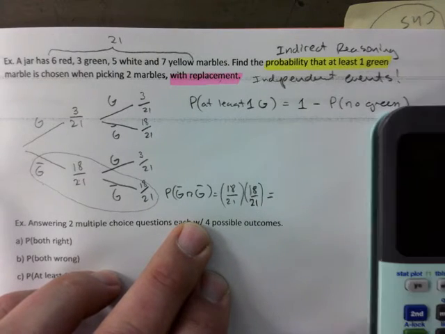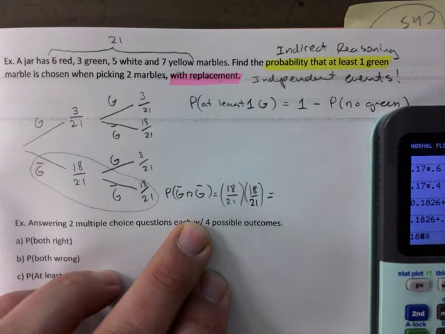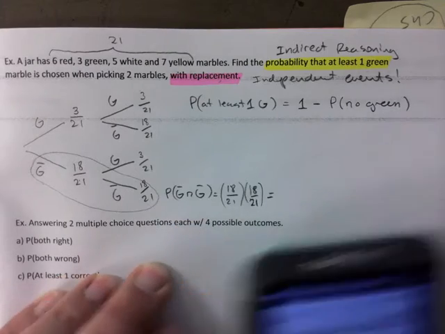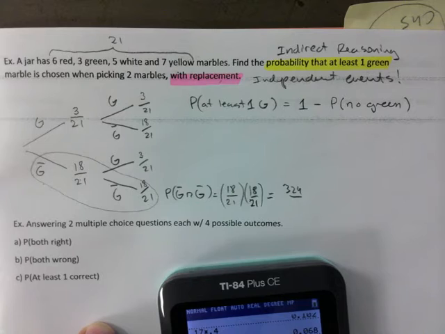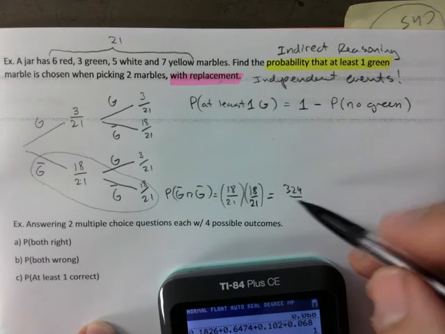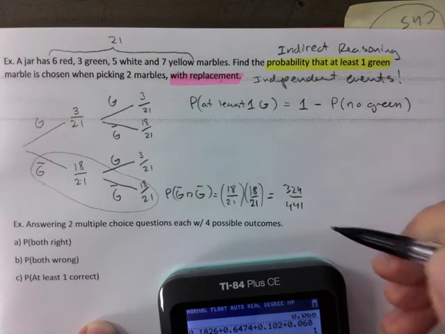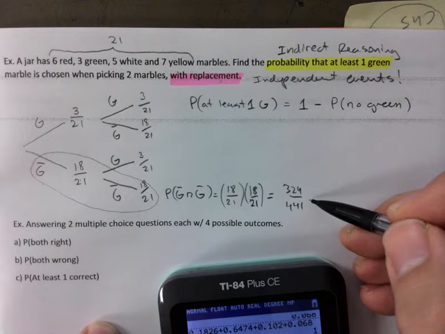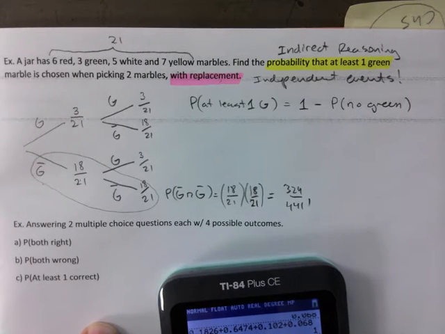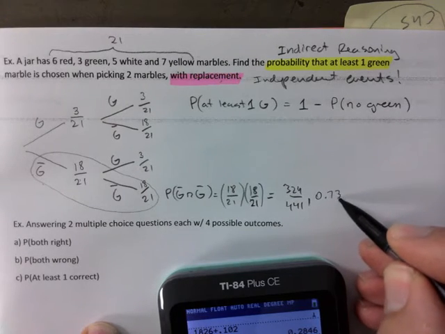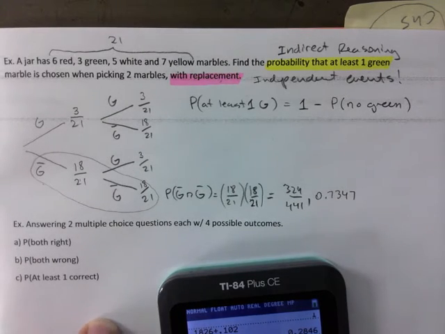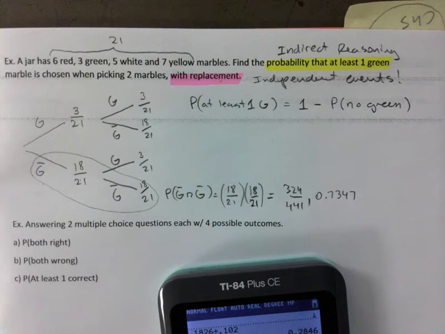So allow me to use my calculator for this. So this is 324 over 441. Let's turn that into a decimal. This is 0.7347. And so, Mr. Dirksen, why is there 1 there?